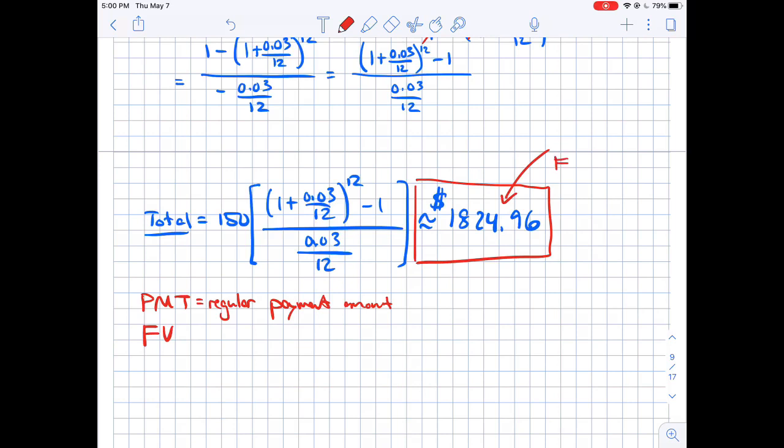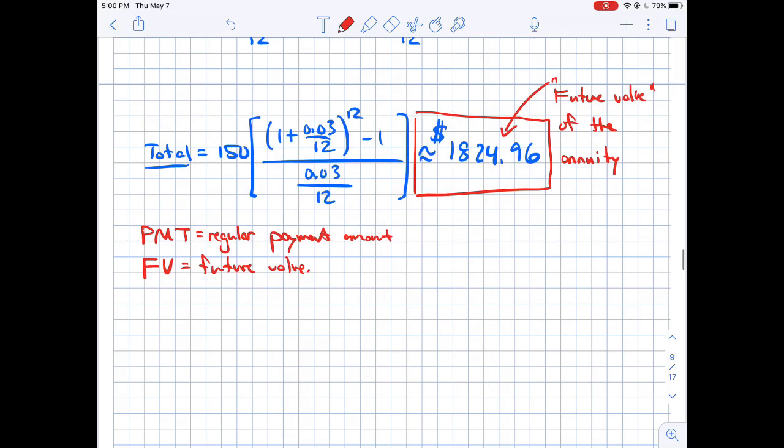So FV is the future value of the annuity, and that's the amount at the end of your period of investment. Then we have R. R is the annual interest rate.